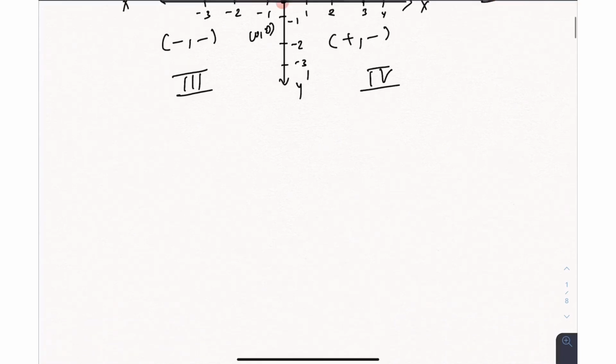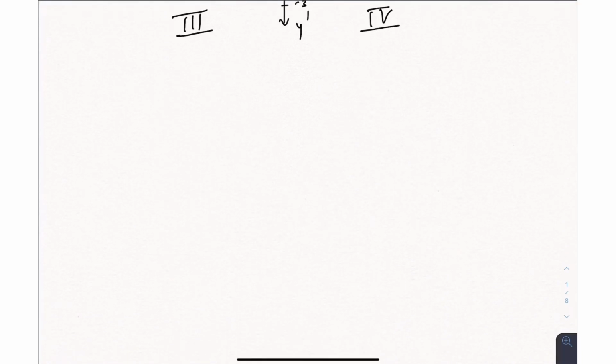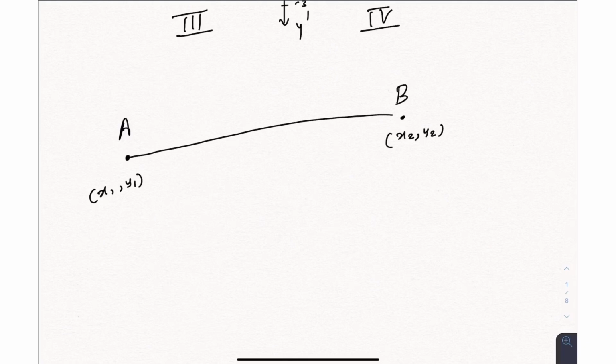The next thing is the distance formula. Suppose there are two points, let's say A and B. The coordinates of A and B are x1, y1 and x2, y2. If I join A and B, I have line AB, or a segment AB to be more precise.